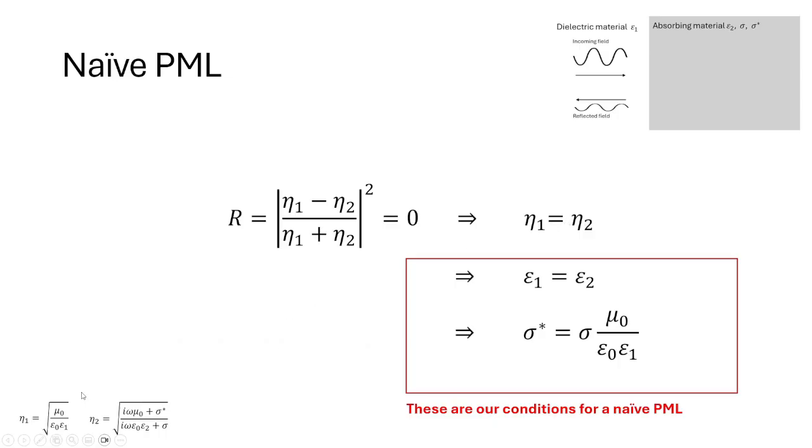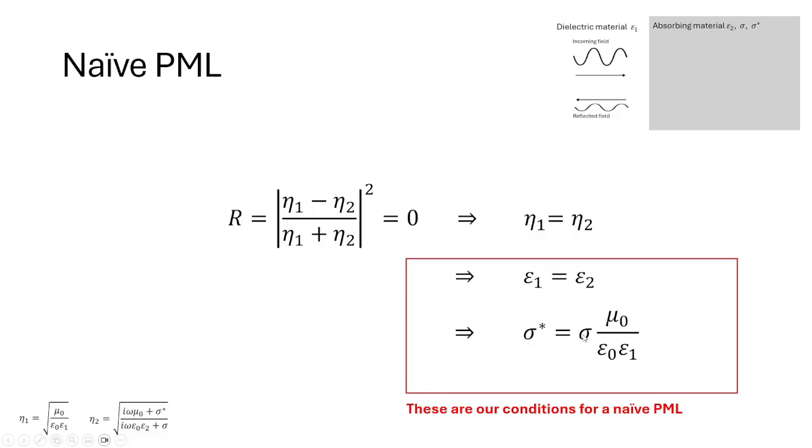And if we look at the equations for the impedances, which I put in the bottom left-hand corner, we know that for them to be equal, we need epsilon 1 to equal epsilon 2. We probably already knew that intuitively, but it's good to derive it mathematically. And as for the magnetic conductivity, we now have this relationship here.